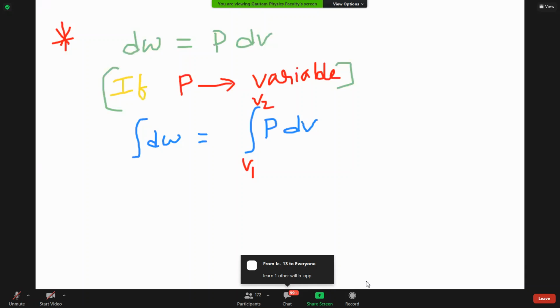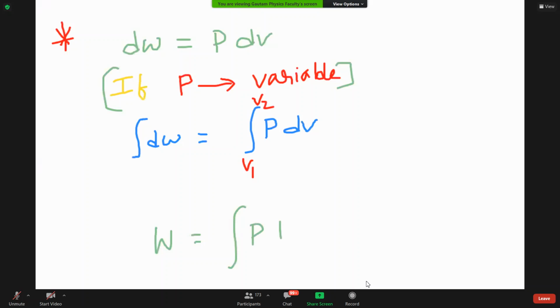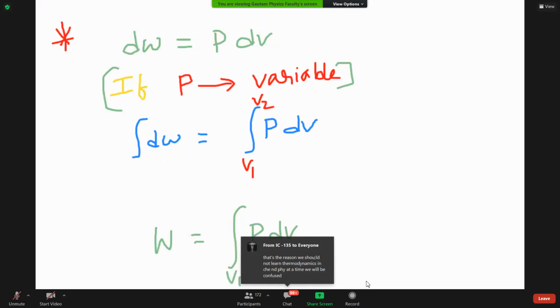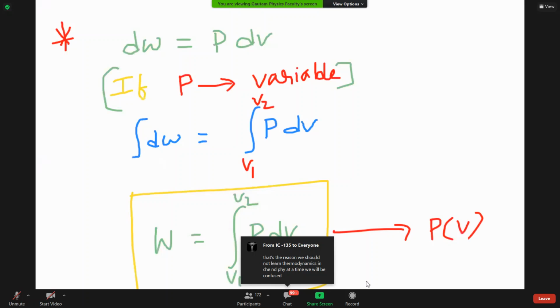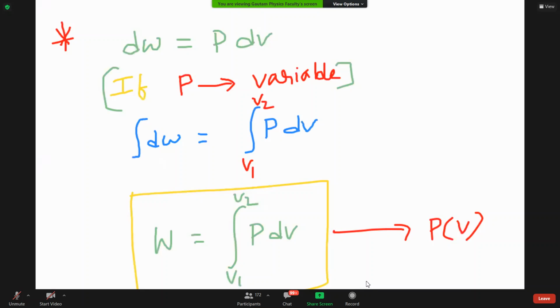So W is equal to the integral of P dV from V1 to V2. Here pressure is a function of volume. Whenever pressure is variable, you can't use the previous formula; pressure is changing with respect to volume, so we have to use this formula.